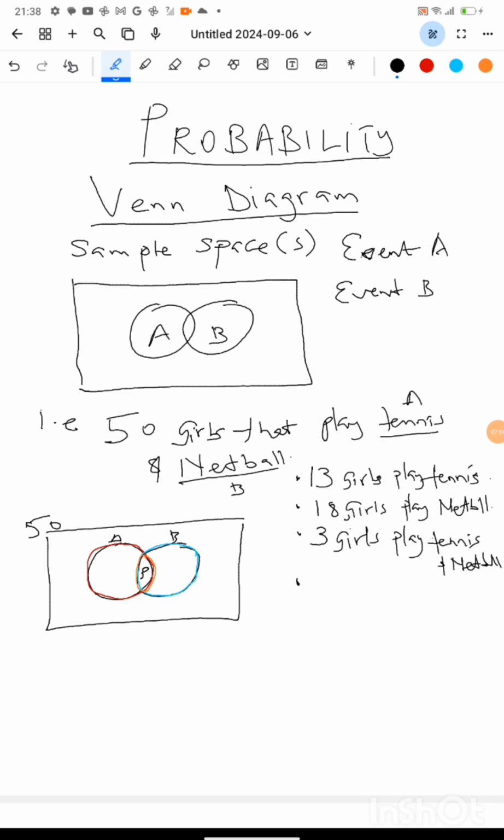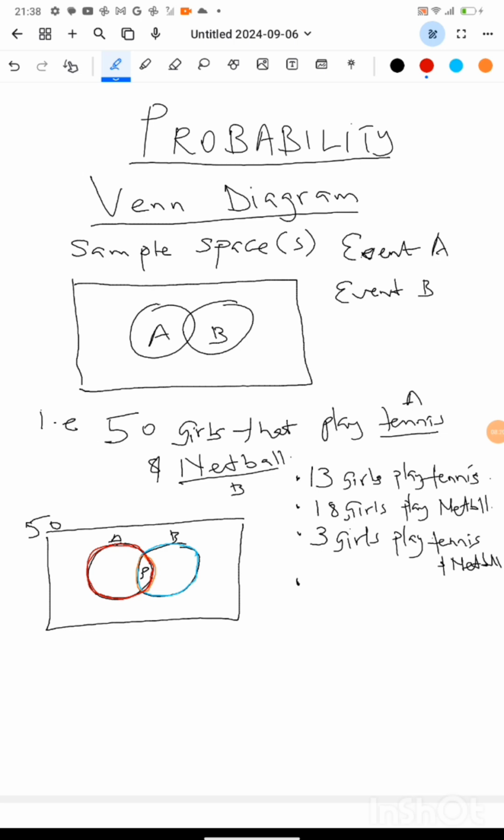Then now, remember that 3 falls into A. It also falls into B. That means now, the 13 girls that play tennis, which is this portion here, it means that what should be the value here? Because you already have a 3 inside the circle.